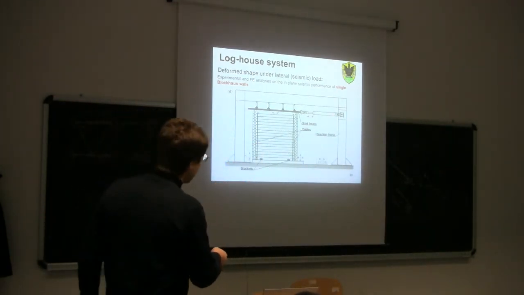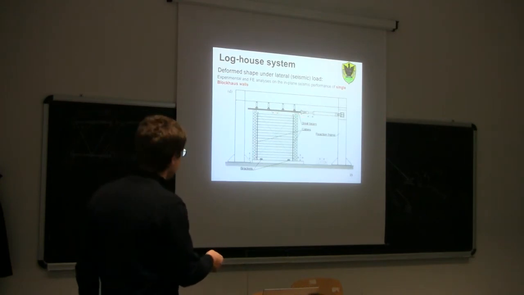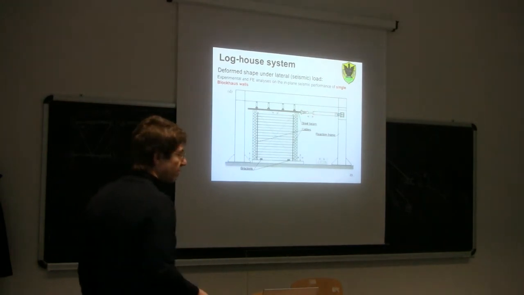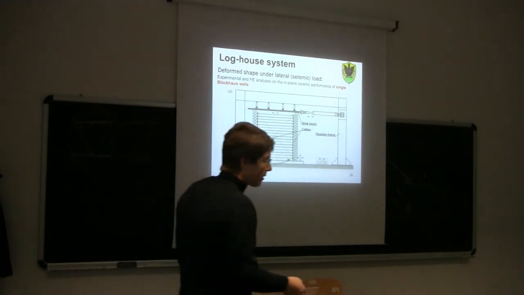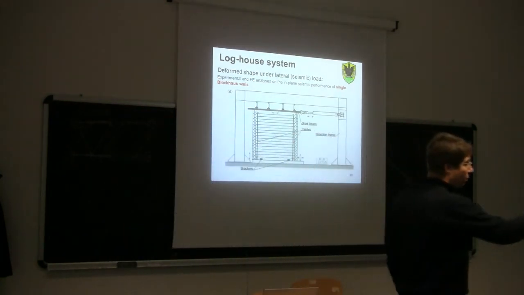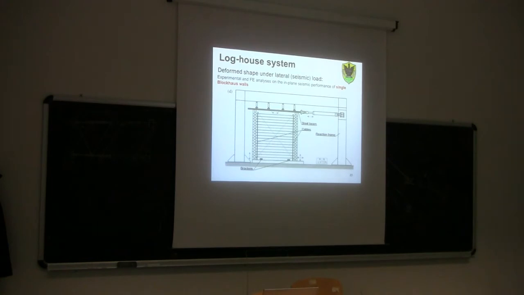And then the horizontal force was increased in a cyclic way in order to simulate the effect of an earthquake. The best way to simulate the effect of an earthquake is basically to apply a load in both directions, so a cyclic load with increasing amplitude, like in the case of an earthquake, starting lower, then progressively increasing the amplitude until you get to failure.